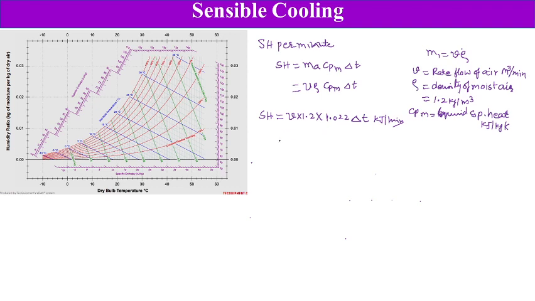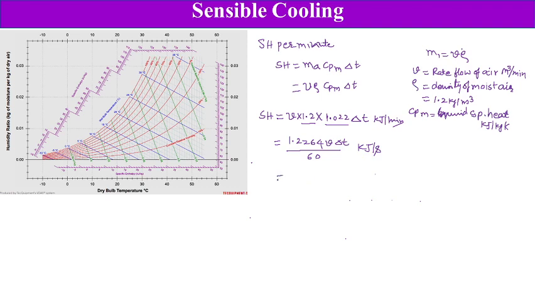So multiplying these two terms, 1.2 and 1.022, we get 1.2264 into V into delta T whole divided by 60 in kilojoules per second.